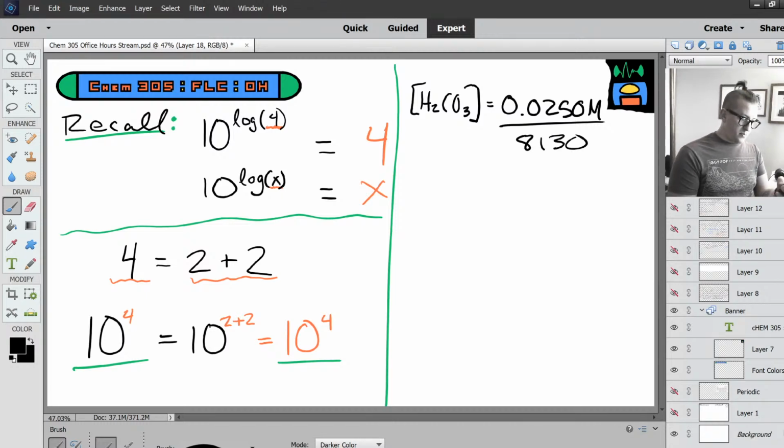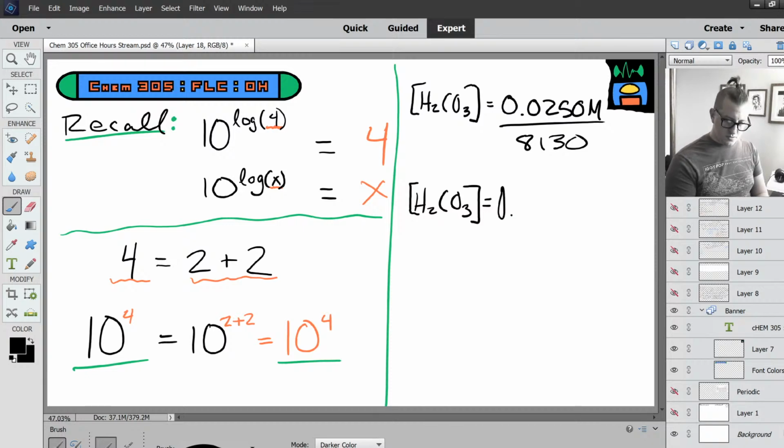Whoa, that's a crazy small number. It equals, let's see, 1, 2, 3, 4, 5 zeros, 308 molar.